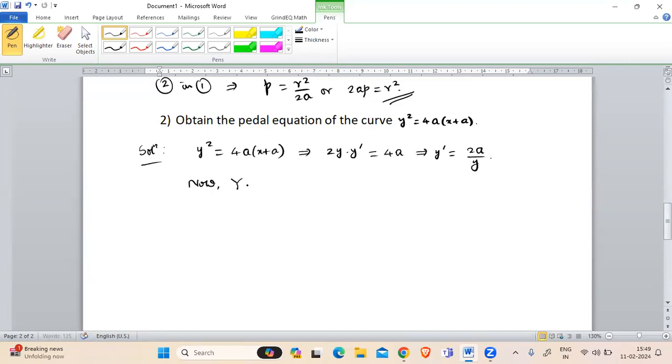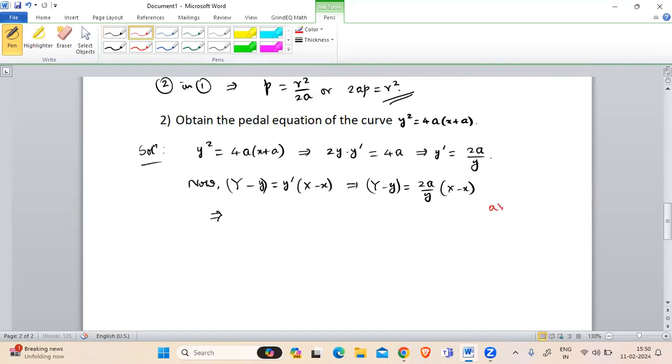Once we have got y dash, we construct the equation of the tangent as capital Y minus small y equals y dash into capital X minus small x. This gives us capital Y minus y equals 2a by y into capital X minus small x. As we did in the earlier problem, we'll cross multiply and rewrite this equation in the form a into capital X plus b into capital Y plus c equal to 0.